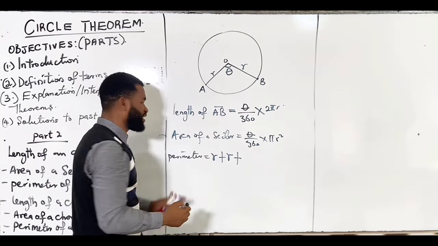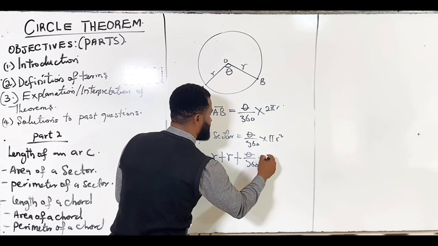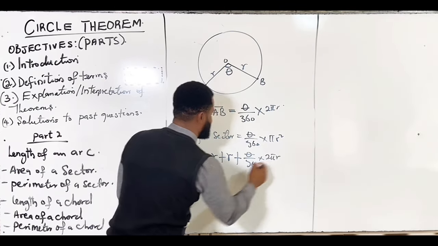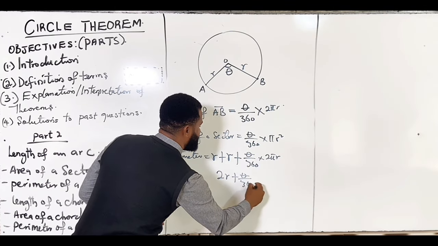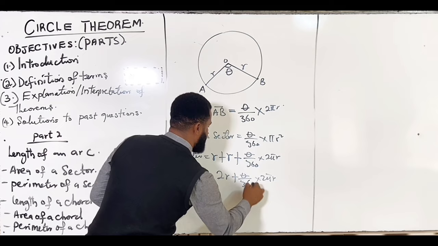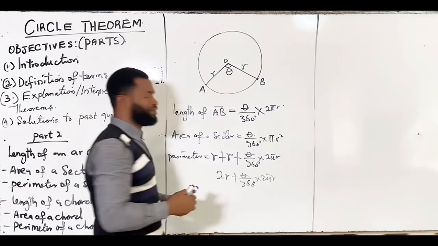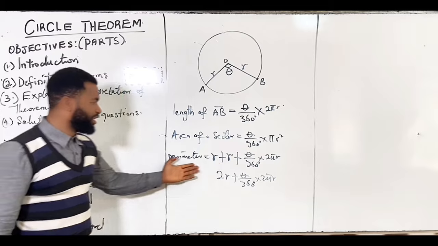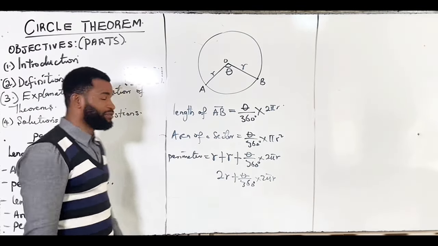It is the length of an arc. So plus theta all over 360 times 2 pi r. So simply put, 2r plus theta over 360 times 2 pi r. 360 degrees, remember. So this is the perimeter of a sector. Whenever you see a sector, this is the formula for perimeter.